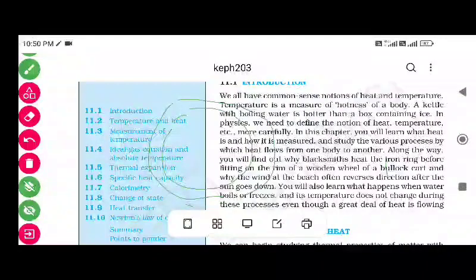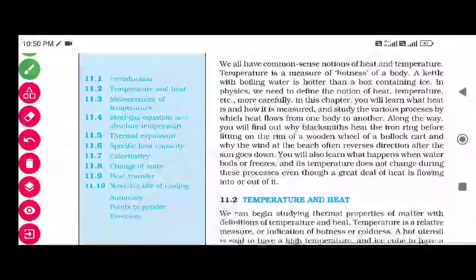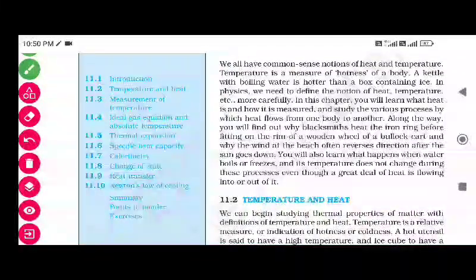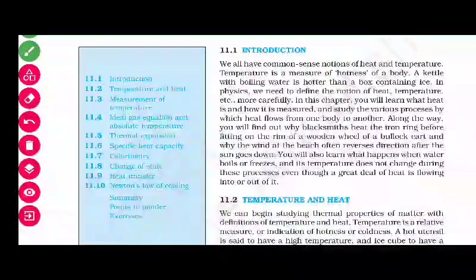This is one thing I'll explain to you, and we have to study it later, the thermal expansion of solids, thermal expansion of matter.